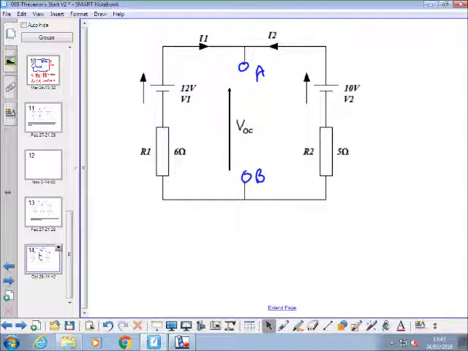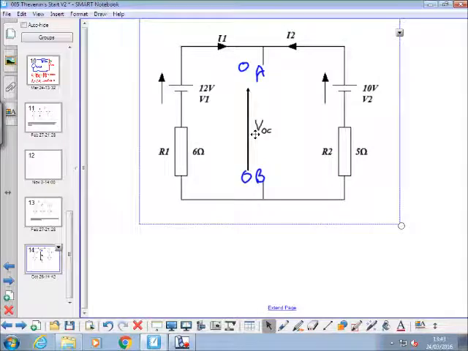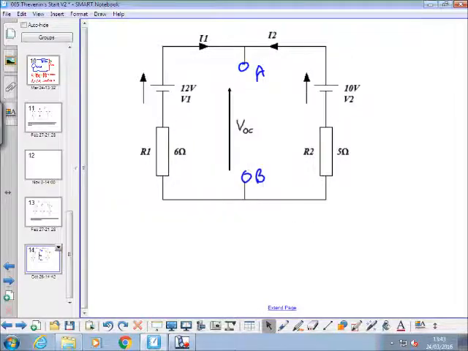Initially you're going to use it to find this VOC voltage in the middle here, aren't you? Finding separately what VOC is for circuit A, and then doing it for circuit B, and then adding the two contributions together. It doesn't have to be just current that you use superposition for, you can use it for voltage.